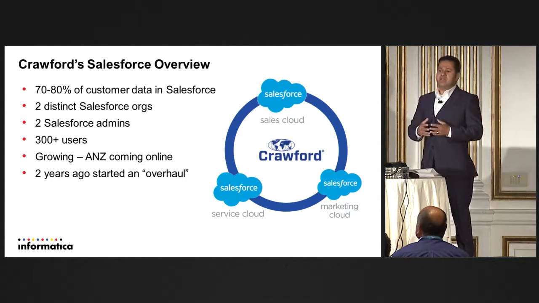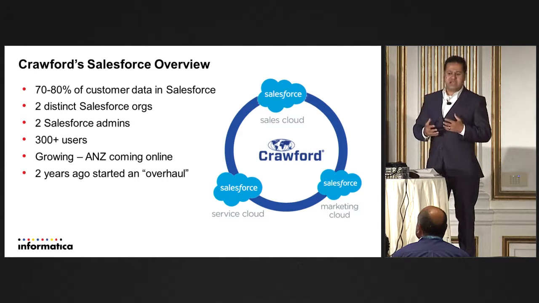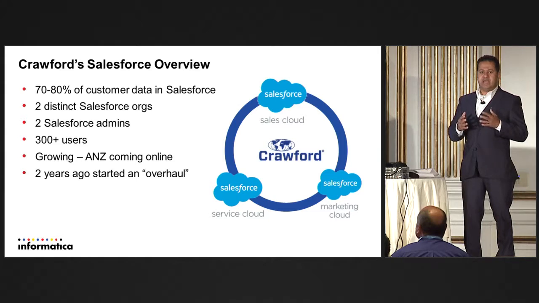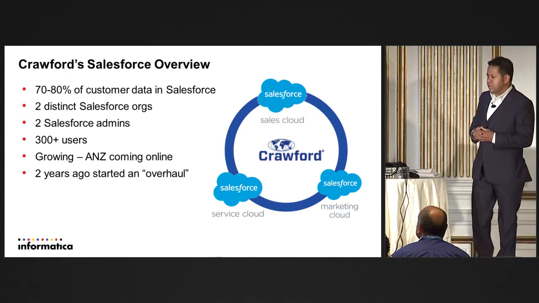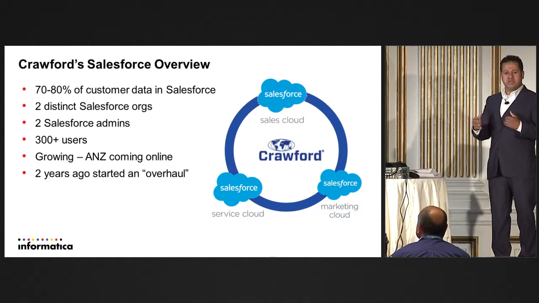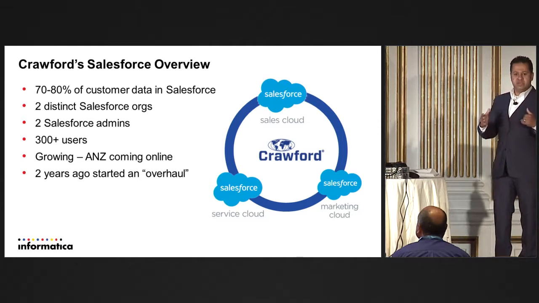So I wanted to give you a high-level overview of what's happening with Salesforce at Crawford Company. 70 to 80% of our customer data currently is in Salesforce.com. We have 2 distinct Salesforce orgs. We have a couple different Salesforce admins, and our team is expanding.